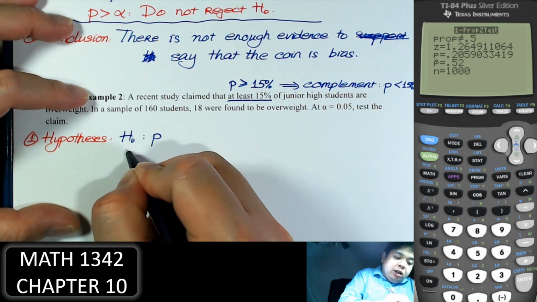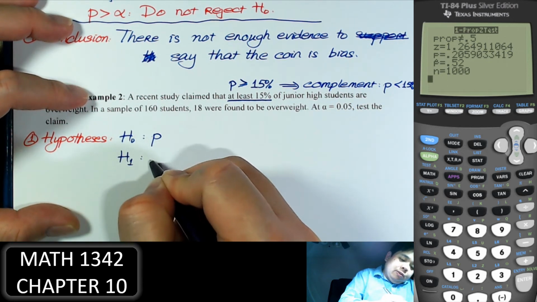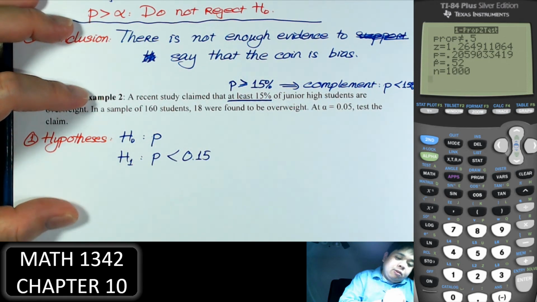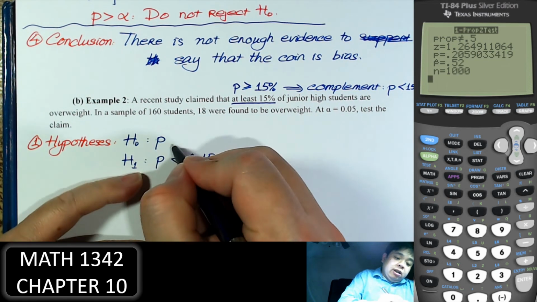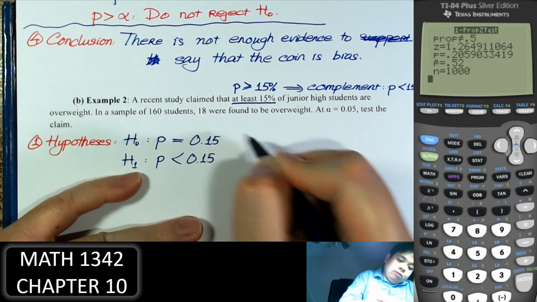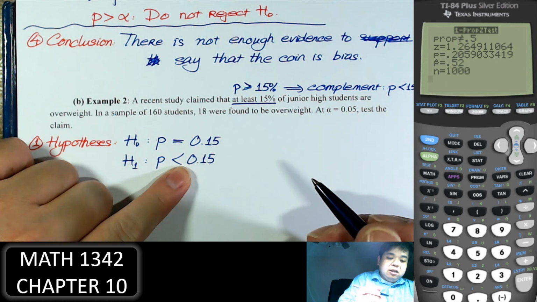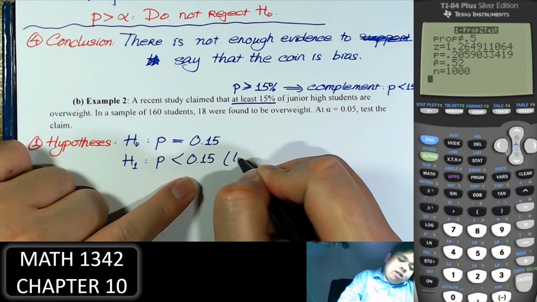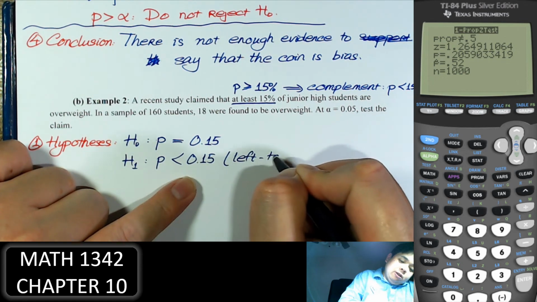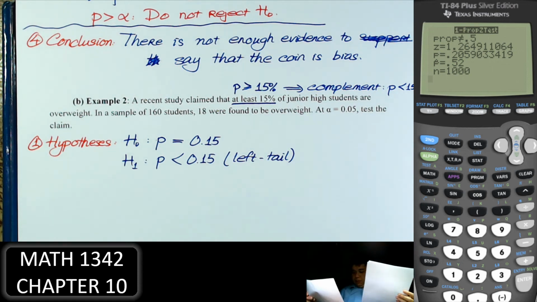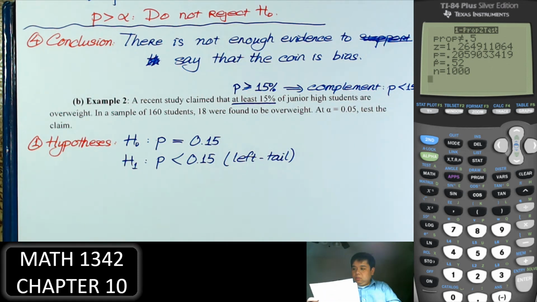That will be H1. And whatever the null hypothesis has to be equal to. And this is less than, so it will be the left tail.